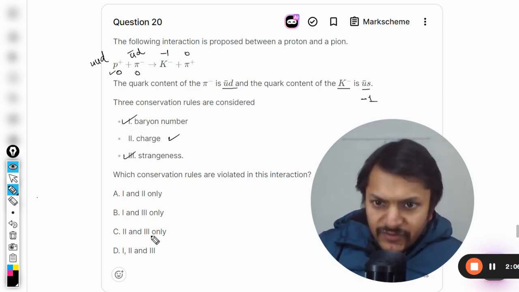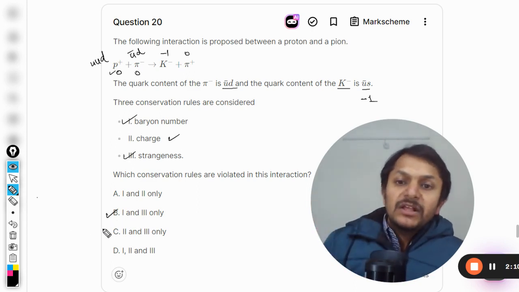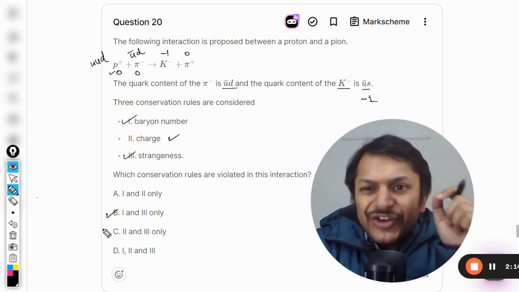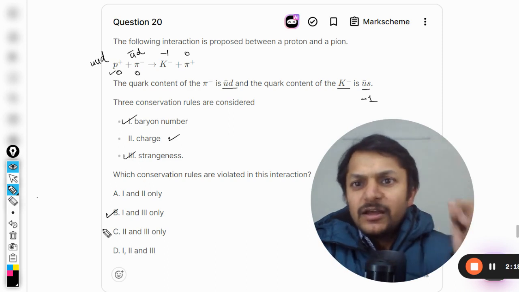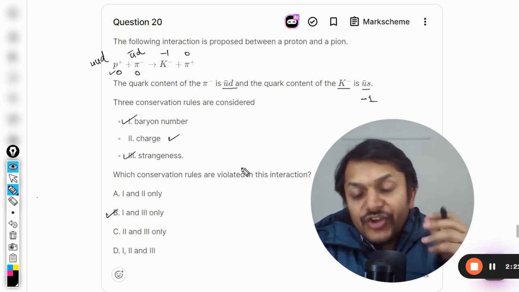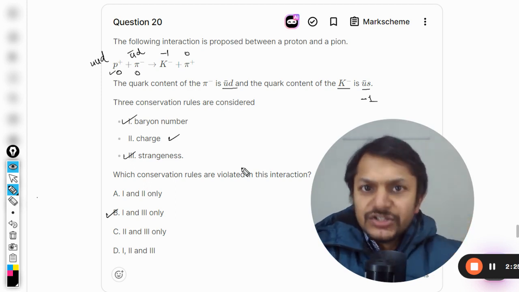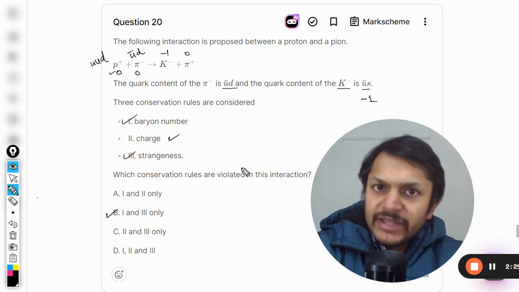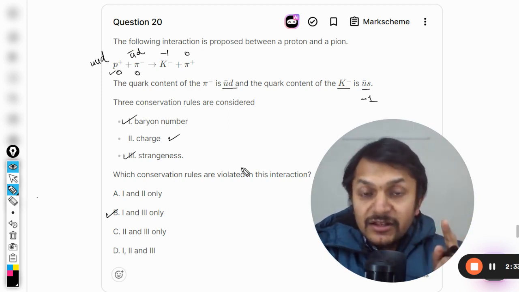So the answer given here, because it is 1 and 3, will be B. But I have one thing to add here, and that is strangeness is not a conservation principle. Its strangeness usually changes, and when the strangeness is lost, like in the reactant part there is a strange quark and it is converted into something else, at that time the reaction is still possible.